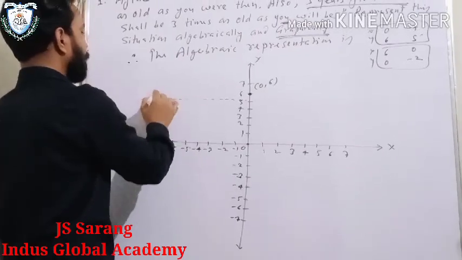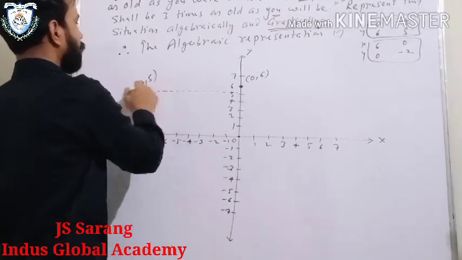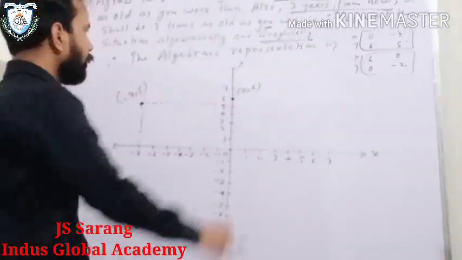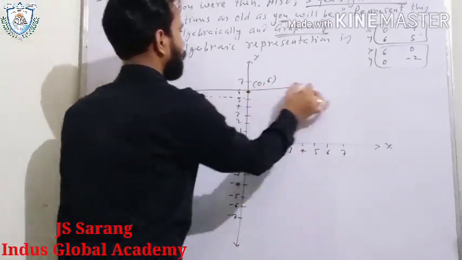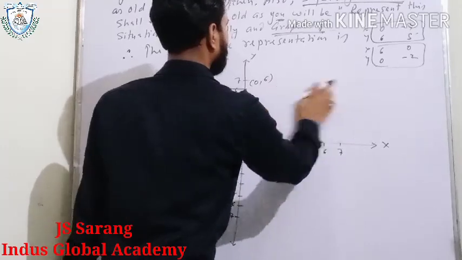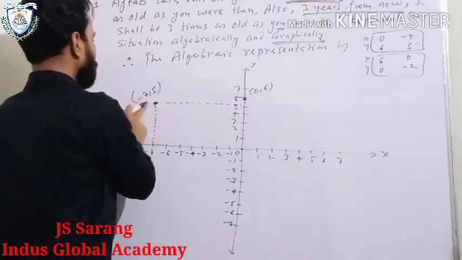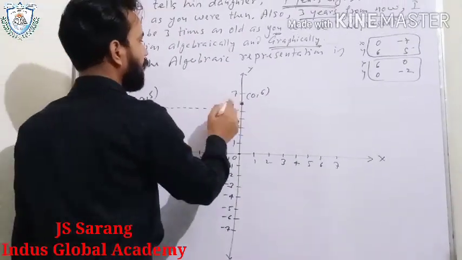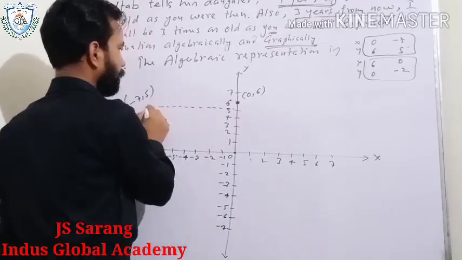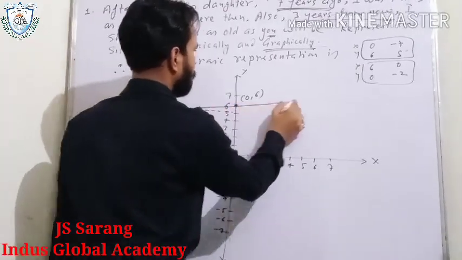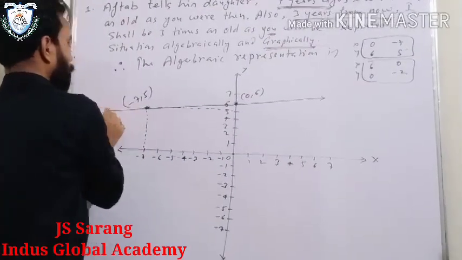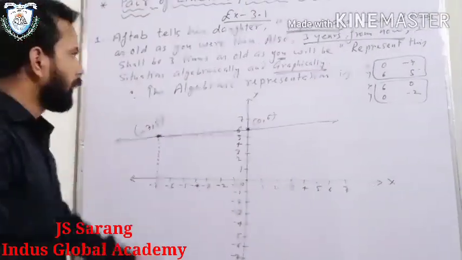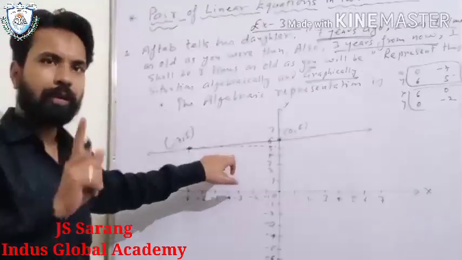So this point is minus 7 comma 5. Now we will join these 2 points with the help of a scale. Like this. Clear? This is the representation of the first equation.